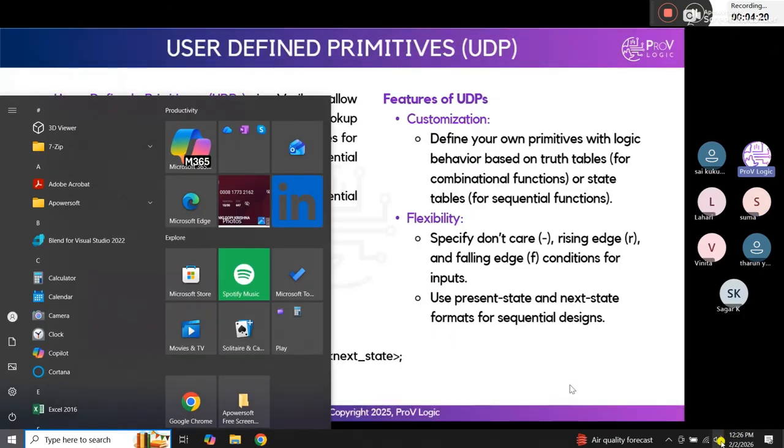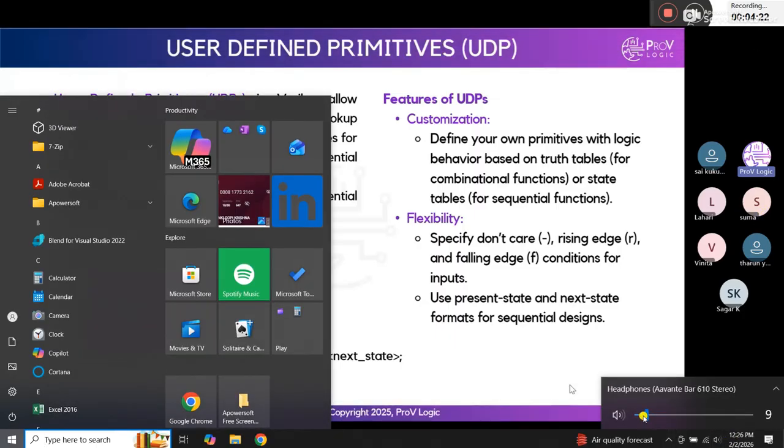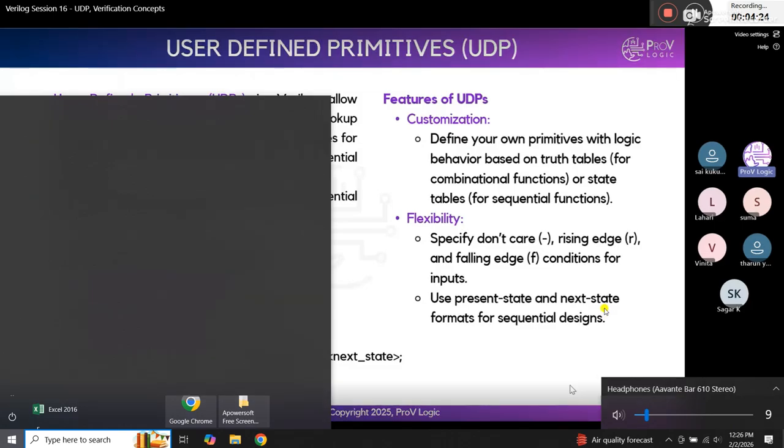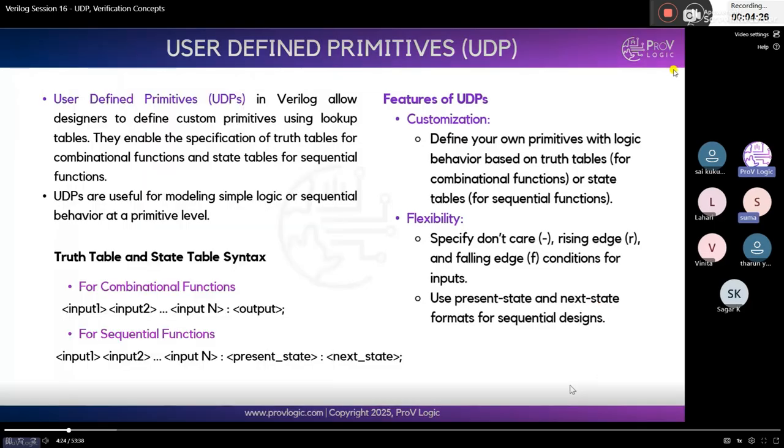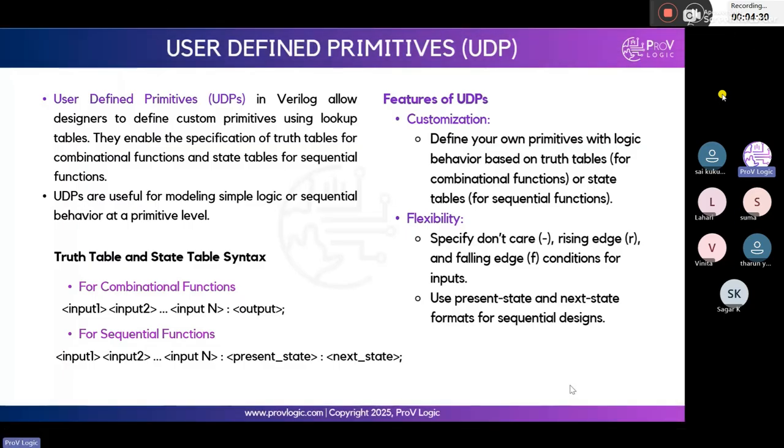For sequential, we have a state table: at the positive edge of the clock, which state should be high or low. UDPs can be written for both combinational and sequential circuits. It just defines behavior at a primitive level.